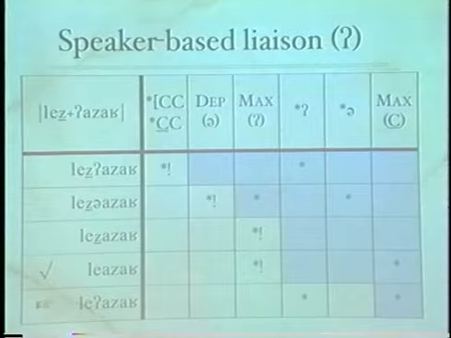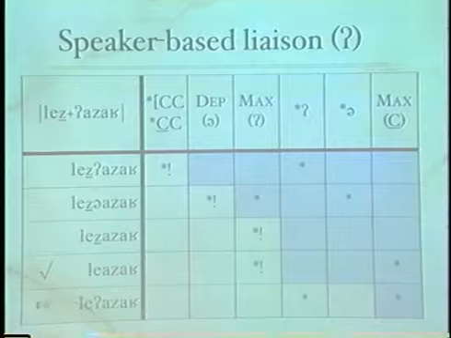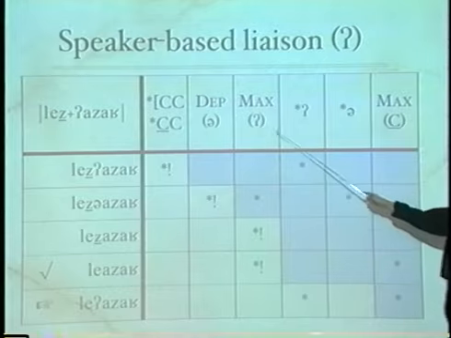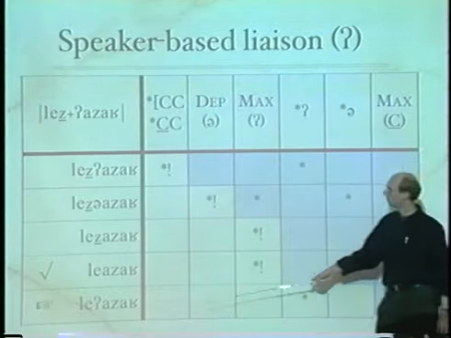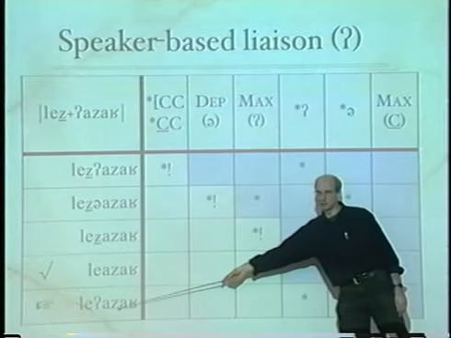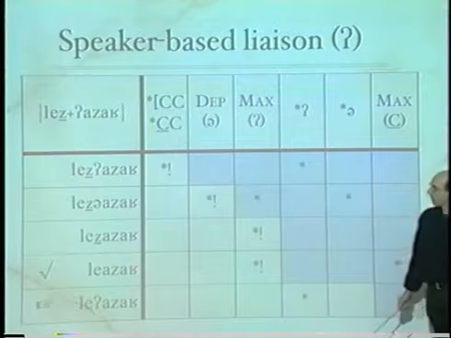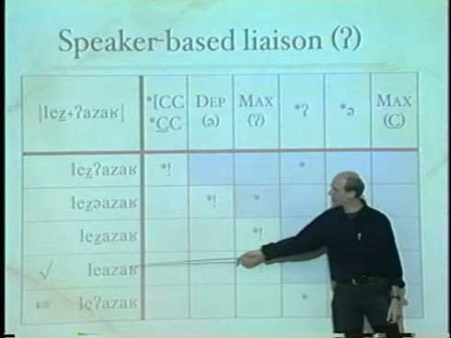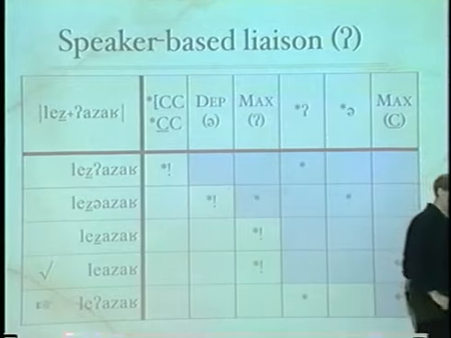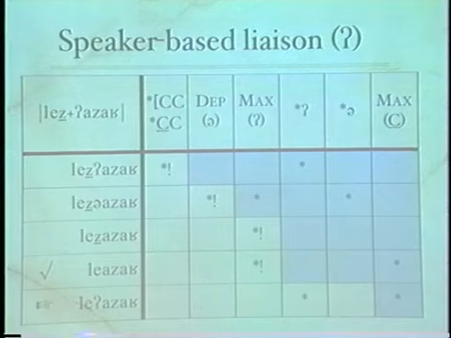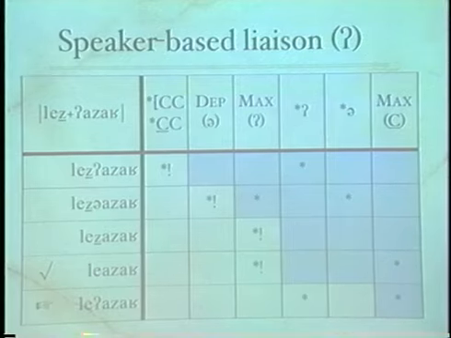And here we have a mistake again. So les hasards, because of the high ranking of max glottal stop, the winning candidate will be the candidate with the glottal stop, les hasards, rather than what people usually say, les hasards, without the glottal stop. Of course, a listener-oriented idea would be that les hasards is good enough.